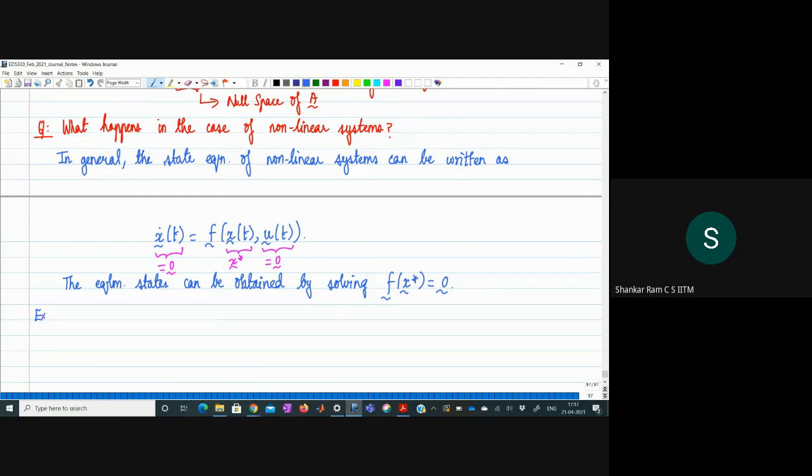To consider an example, let's take a simple pendulum. Very simple case.